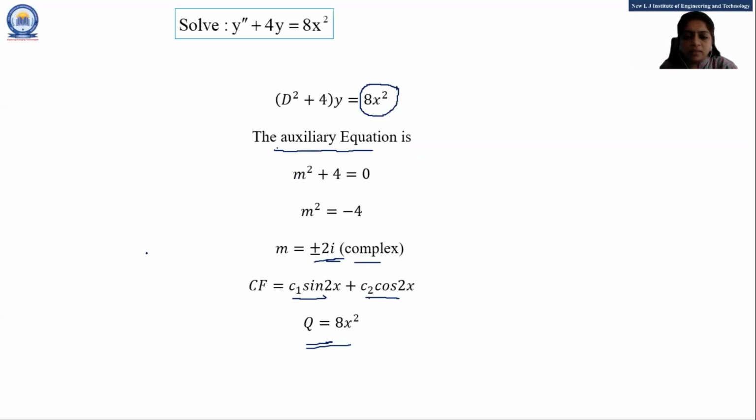See, what is our right hand side, students? Our right hand side is 8x square. So if I neglect this multiple 8, for the family of x square there are total 3 members: x square itself, derivative of x square, and the derivative of 2x, right? So if I neglect this multiple, there are 3 terms, x square, x and 1.